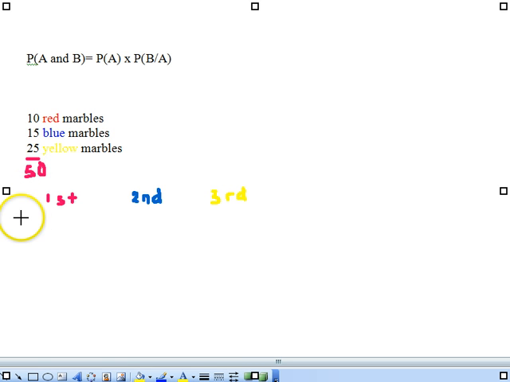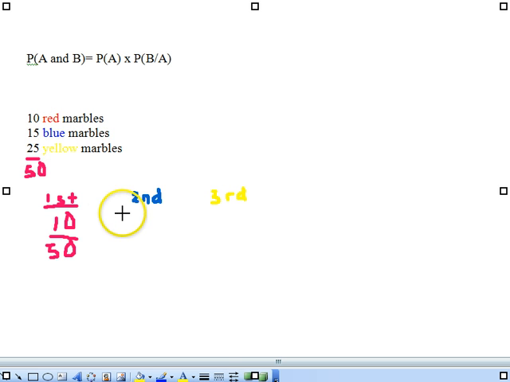Okay? So for the first draw, to choose a red marble, your total number of favorable outcomes is 10, and your total number of possible outcomes is 50. Because you're looking to draw a blue marble on the second draw, you want the probability of drawing a blue marble on the second draw.